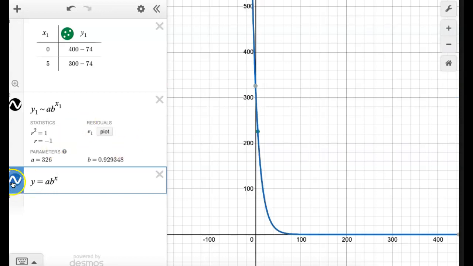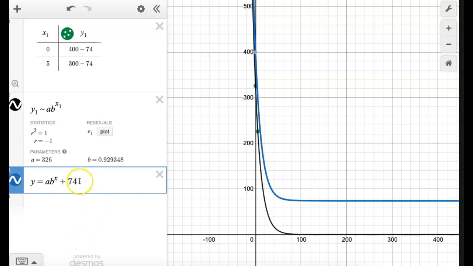Okay, now notice it's in blue, plus 74. So in this way, it shifts up my exponential regression 74 units to account for the constant temperature in the room. Again, this is a little bit creative way of dealing with that constant room temperature, specifically in Newton's law of cooling type problems.